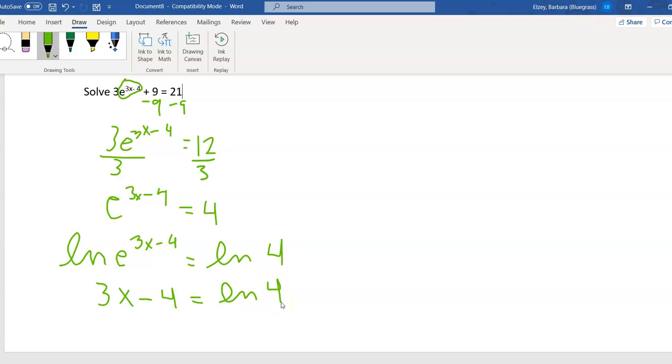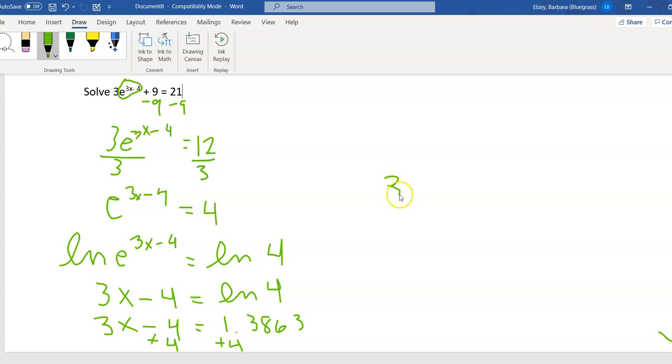Now, let's go ahead and put natural log of 4 into the calculator, and we'll get what that is as a decimal approximation. That is 1.3863. All right, and let's go ahead and, oh, looks like I'm running out of room, so I'll add 4 and then move over to the right here.